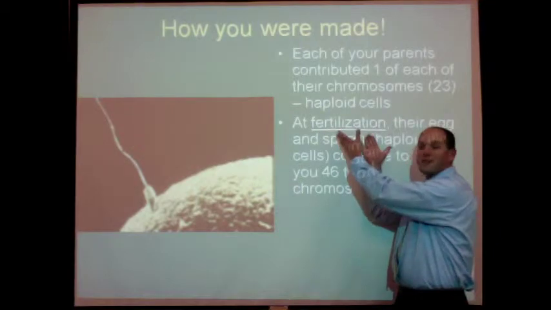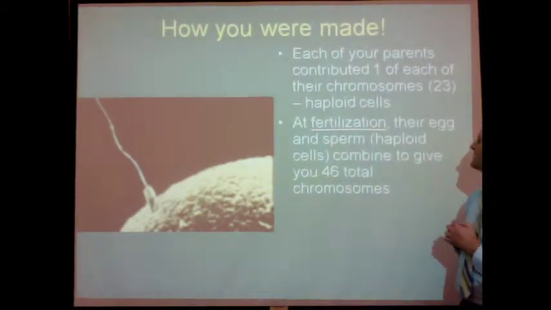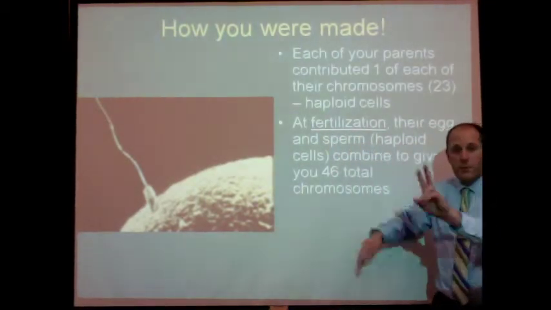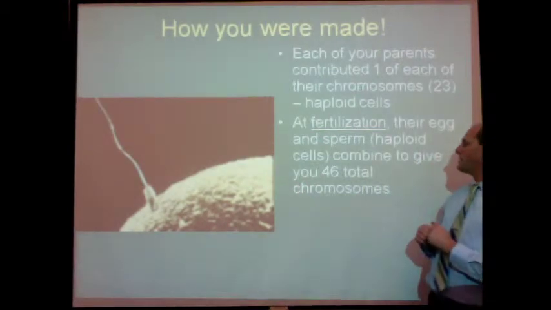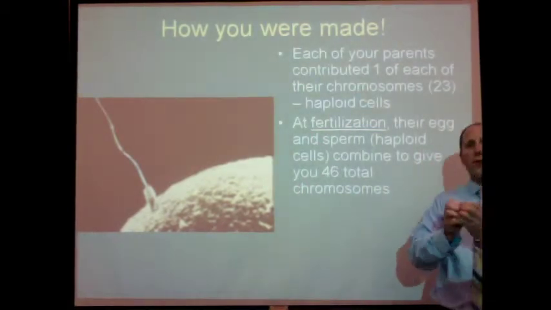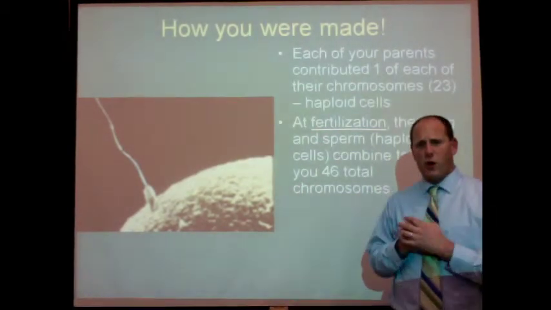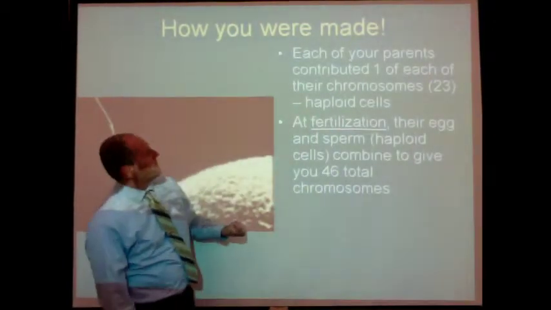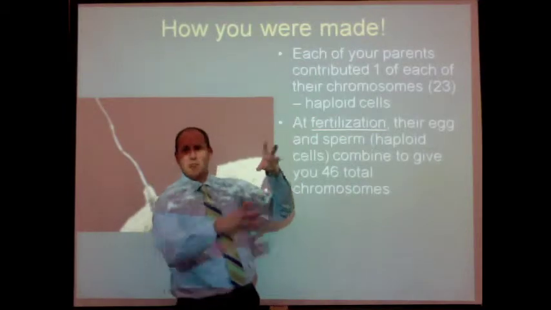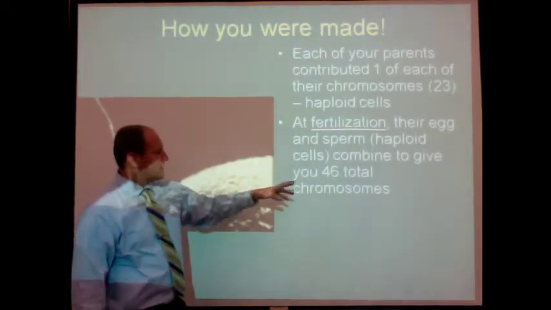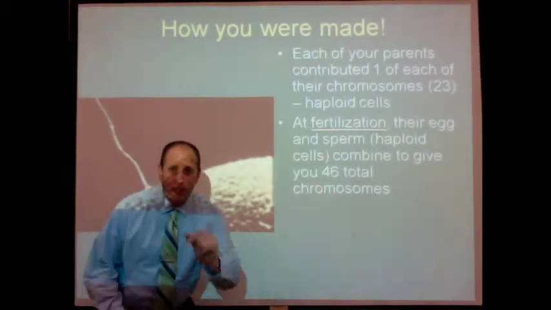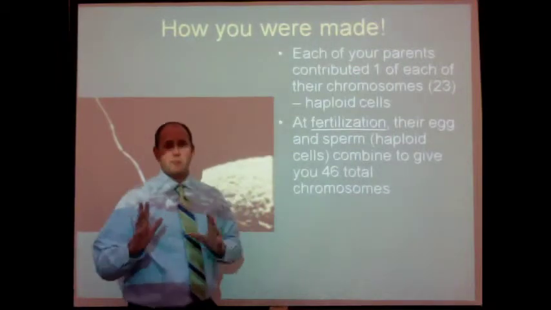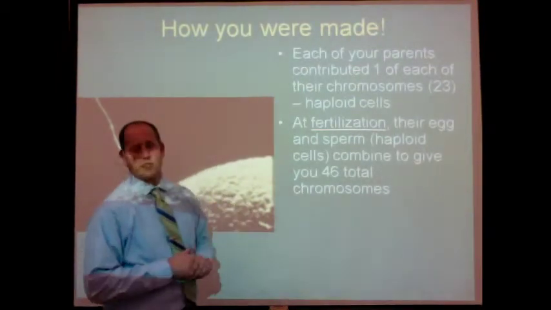And when this big process called fertilization happens, the egg and the sperm, again 2 haploid cells, combine together to give you 46 total chromosomes. So here at this fertilization process, egg and sperm, 2 haploid cells, combine to give you 46 total chromosomes. Now that's just for humans. Other organisms are different. Dogs don't have 46 total chromosomes.